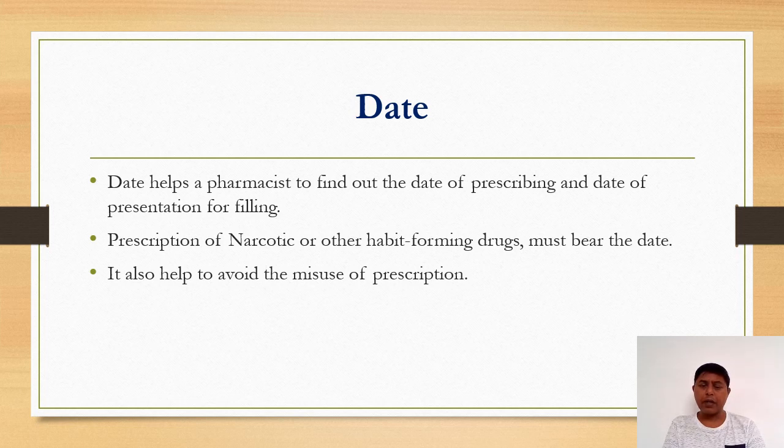A prescription of narcotic or other habit forming drug must bear the date, because a patient may come to the pharmacy many times and may get the same drug dispensed many times, which can be misused by the patient. Therefore, to avoid misuse of the prescription, writing the date on the prescription is very important.